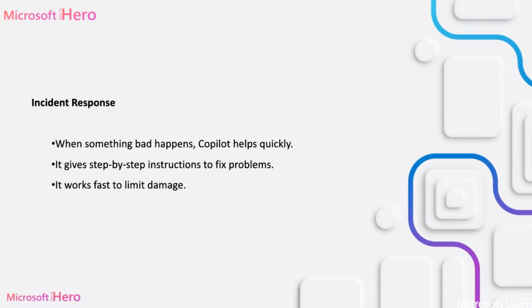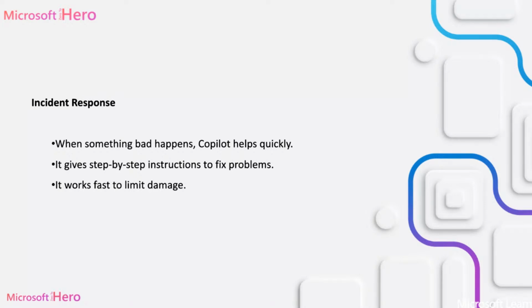Incident response. Imagine there is a security issue like a virus or a hacker getting into your system. Copilot steps in right away to help you respond quickly. It doesn't just alert you to the problem. It actually gives you step-by-step instructions on what to do to fix it.